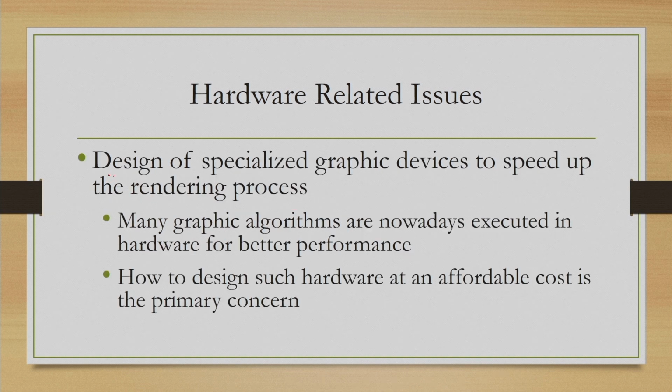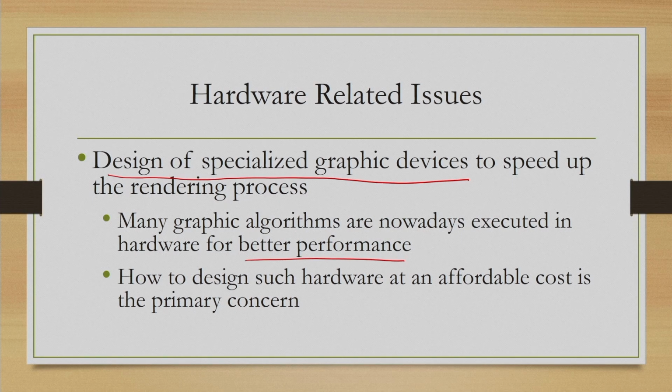Finally, design of specialized graphic devices to speed up the rendering process is also of utmost importance, because graphics algorithms are computation intensive, and if we can have dedicated hardware to perform those computations, then we can expect better performance.